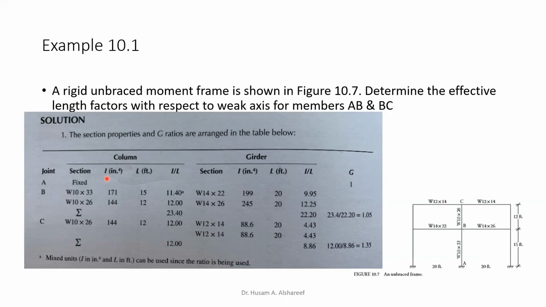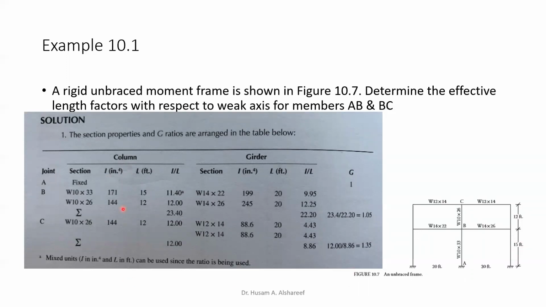Now you need to find the W10 by 33. Find it in the first column, and then in the 4th column to the left, your moment of inertia is 171. Your length is already given, which is 15.